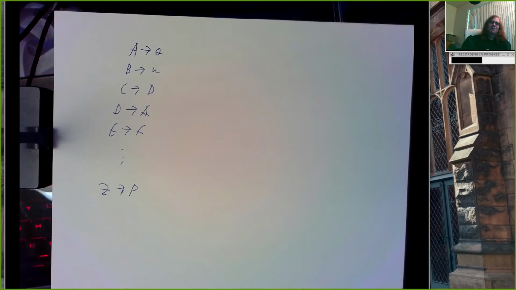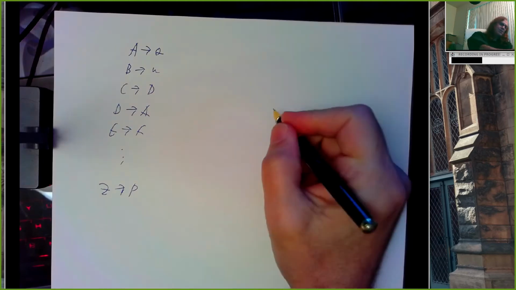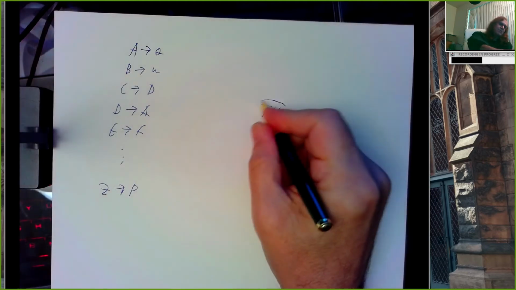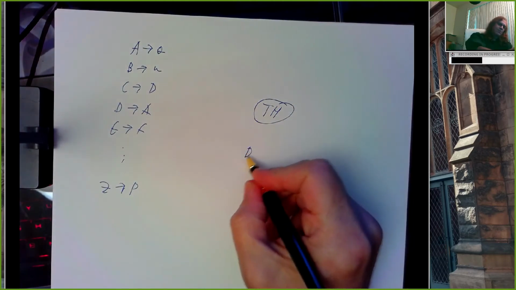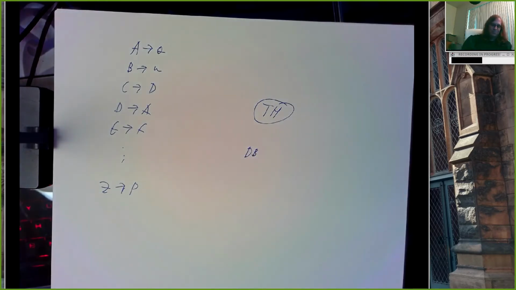And you can find frequency tables for all the letters and how often they occur. But you can also find combinations of letters. So in English, TH is a really common occurrence, and TH occurs a lot more than DB, for example. And so we can do a frequency analysis on the ciphertext and ask how many times we see each combination of letters.